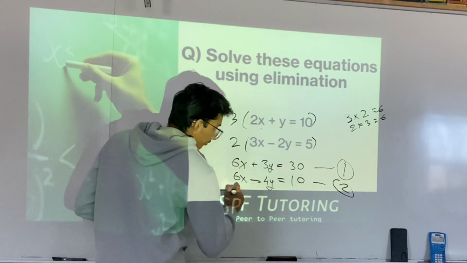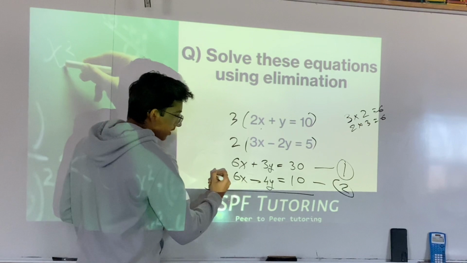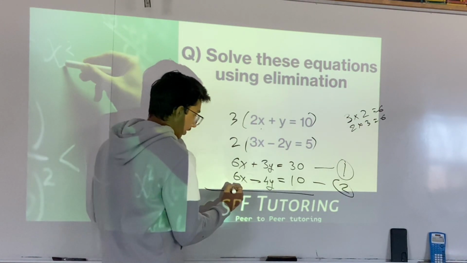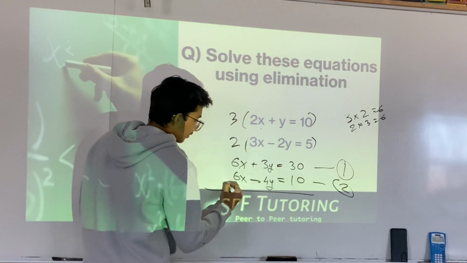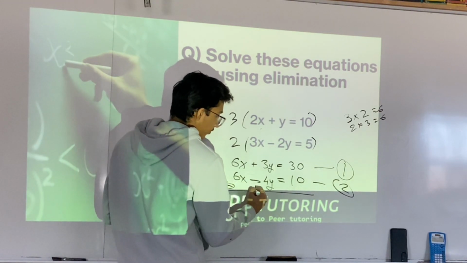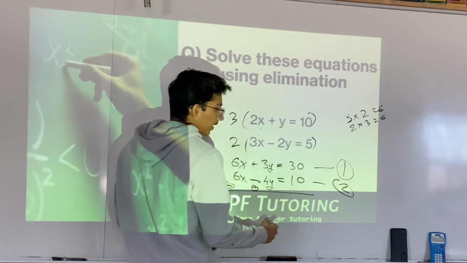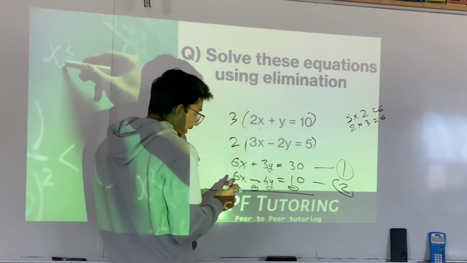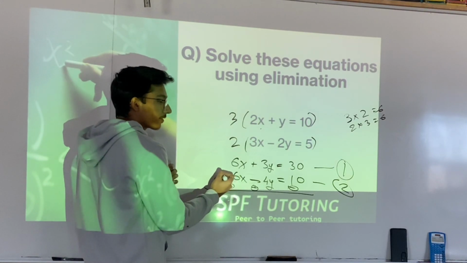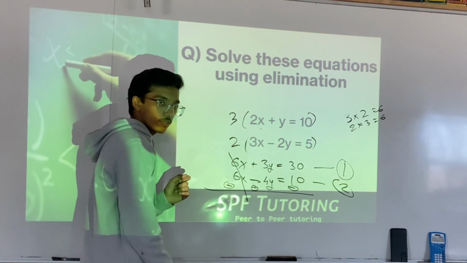So now you have this, and for this one all the numbers change their signs. This positive goes negative, this negative goes positive, and this 10 goes negative. Now this is negative, so it's negative 6x now. So these two cancel off.